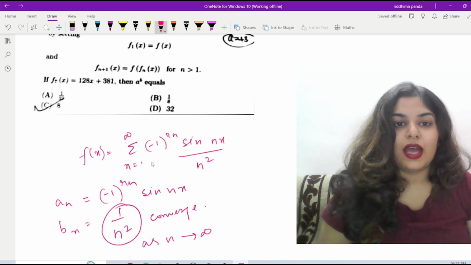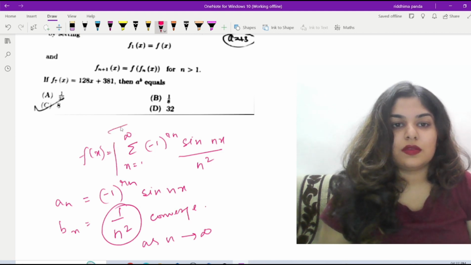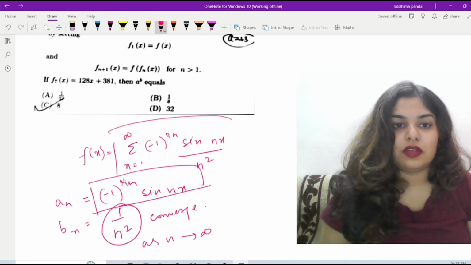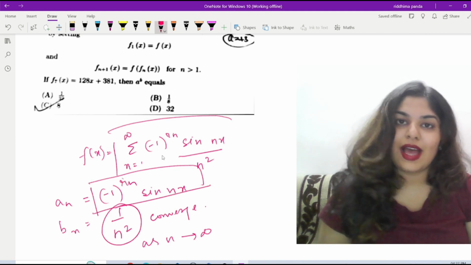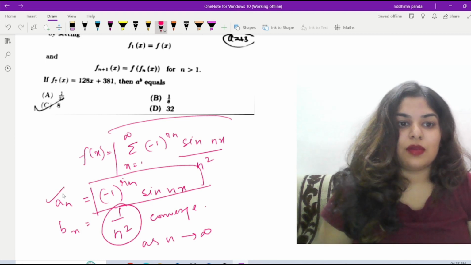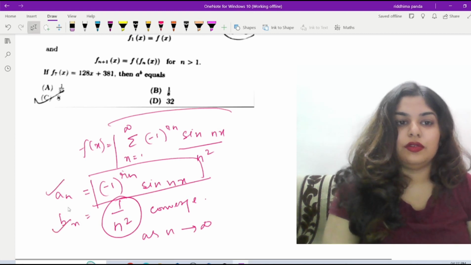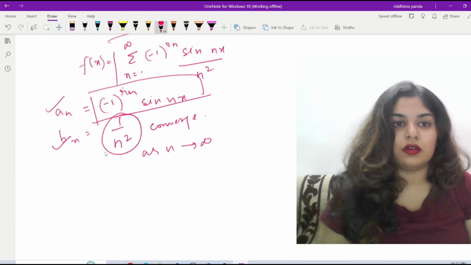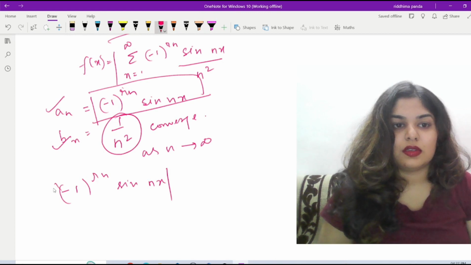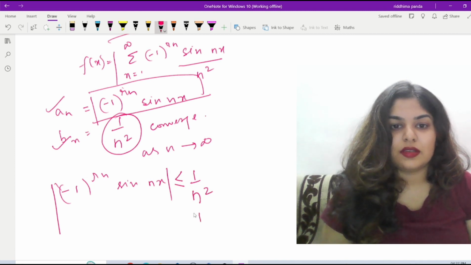And a_n, depending on the value of r, can be positive or negative. If we take the mod value of a_n, that is |(-1)^(rn) sin(nx)|, this will be less than or equal to 1 by n^2. So there is even more strong convergence.